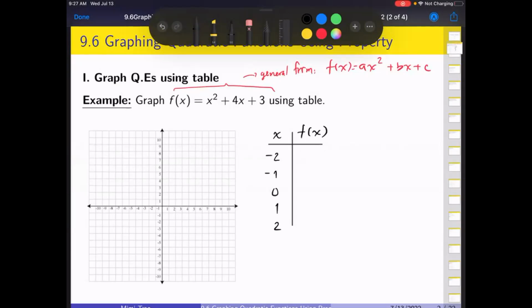Now, I'm gonna show you how to do this on a graphing calculator. The function is f of x equals x squared plus 4x plus 3. All right, so what I'm gonna do is share my calculator.